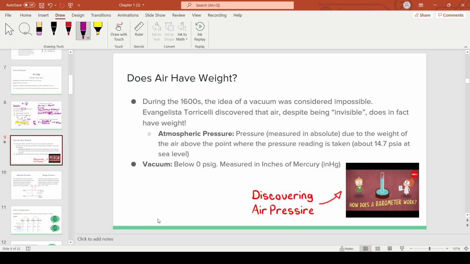So if you are sitting here on the earth, for every square inch of your body, there is 14.7 pounds of air pressing in on every inch of your body, due to the weight of the atmosphere above us, right? The air and the sky.